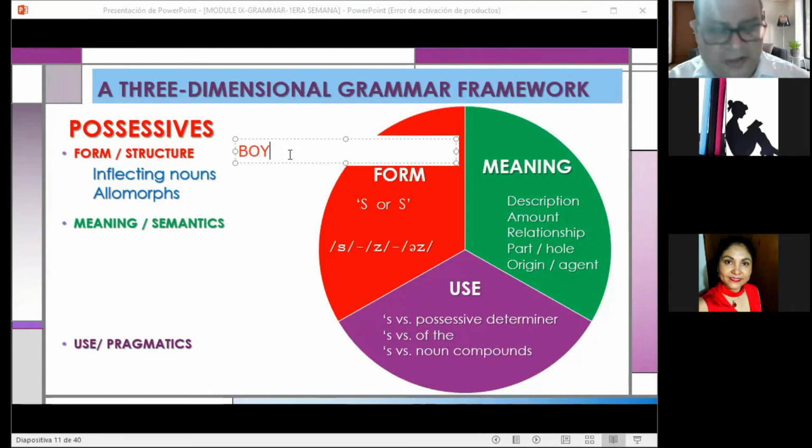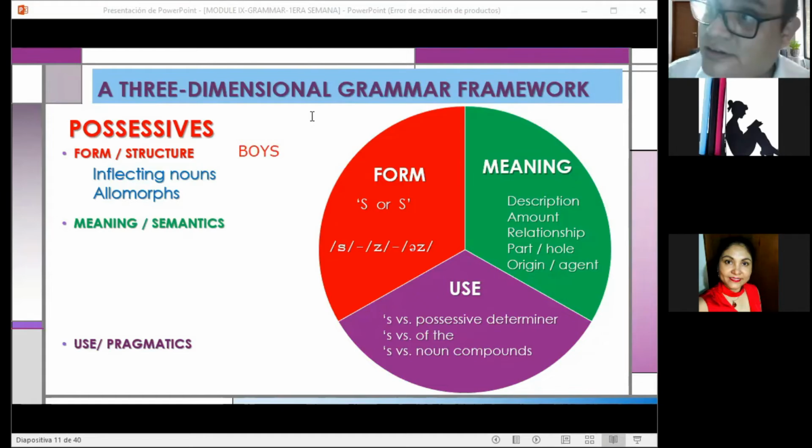But what happens if I add S? Teacher, it's a word. Yes, it's another word. We don't have here two words, but we have two morphemes. Can you remember about it? Boy, boys.